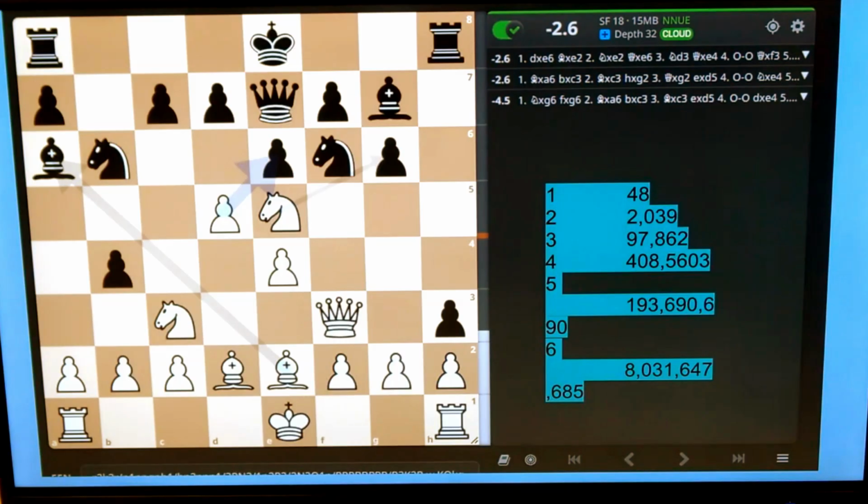Computers don't have any emotion, but that can actually lead to good moves as well, because human beings will sometimes overlook slow moves. And sometimes a slow move is the right move to play in a situation.